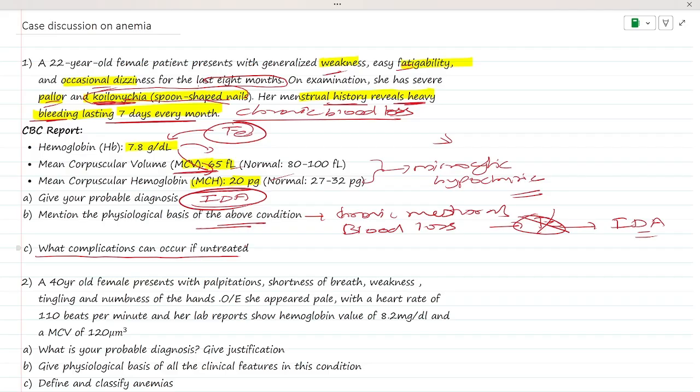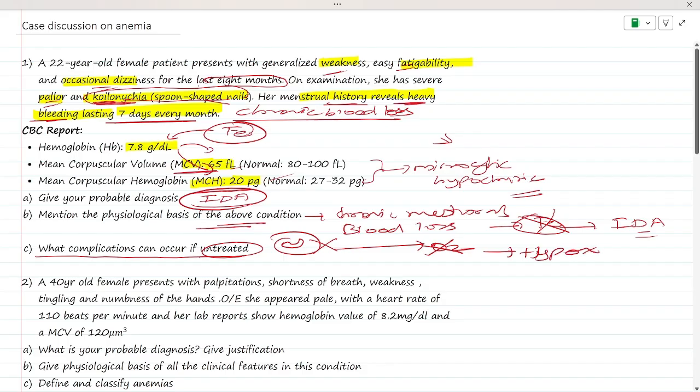What other complications occur if this condition remains untreated? We all know that RBCs supply oxygen. If RBCs are fewer, the oxygen-carrying capacity of the blood decreases, so there will be a hypoxic condition, and the perfusion of oxygen to tissues decreases.